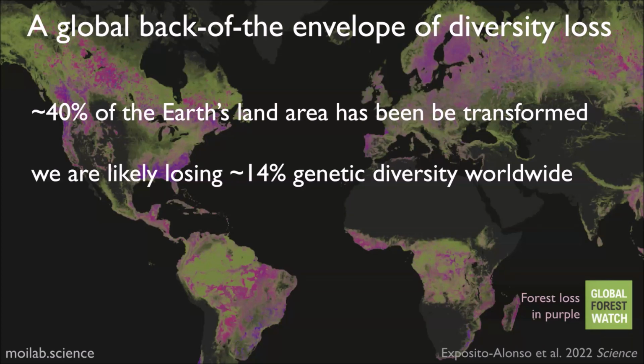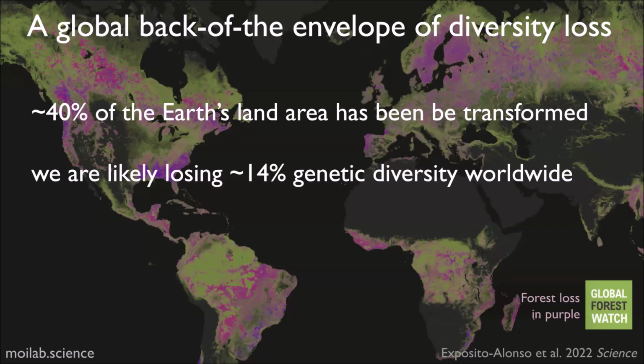So we did this back of the envelope calculation, just very simple, just to get a rough estimate that gives us a sense of the magnitude of the impact of area losses. If we take IPBES assessment reports or other reports, such as the Global Forest Watch, we know that we've already transformed 40% of the Earth's land.